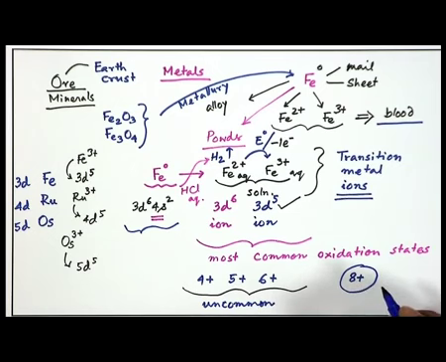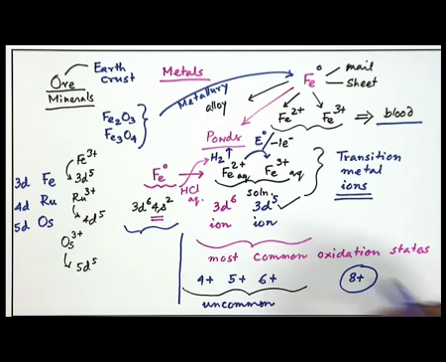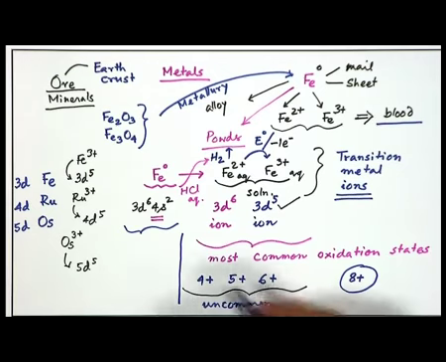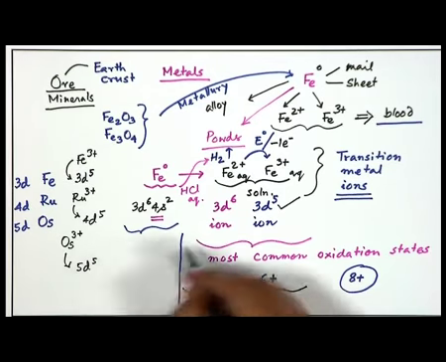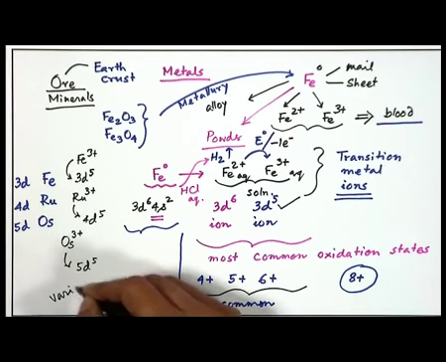Whether we will get that is important to discuss, whether it is possible for iron and for all other elements. What we see is that we get all these oxidation states, plus 2, plus 3, plus 4, plus 5 and plus 6. So, these transition elements therefore occur in variable oxidation states.